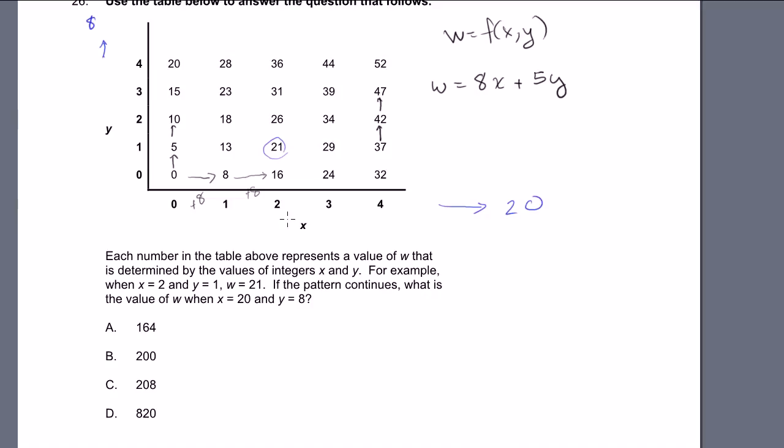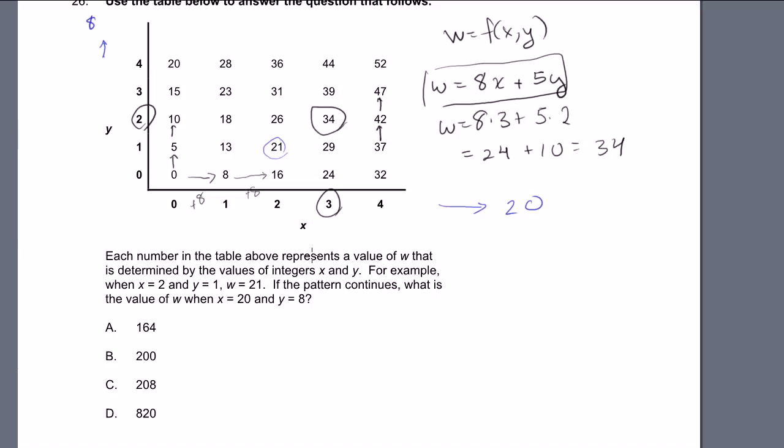And let's verify it. If we pick the point 3, 2, so that would be w is equal to 8 times 3 plus 5 times 2. So w is equal to 24 plus 10, which is equal to 34, which is indeed what it equals. So we found our function of x and y, and what are they asking? The pattern continues.